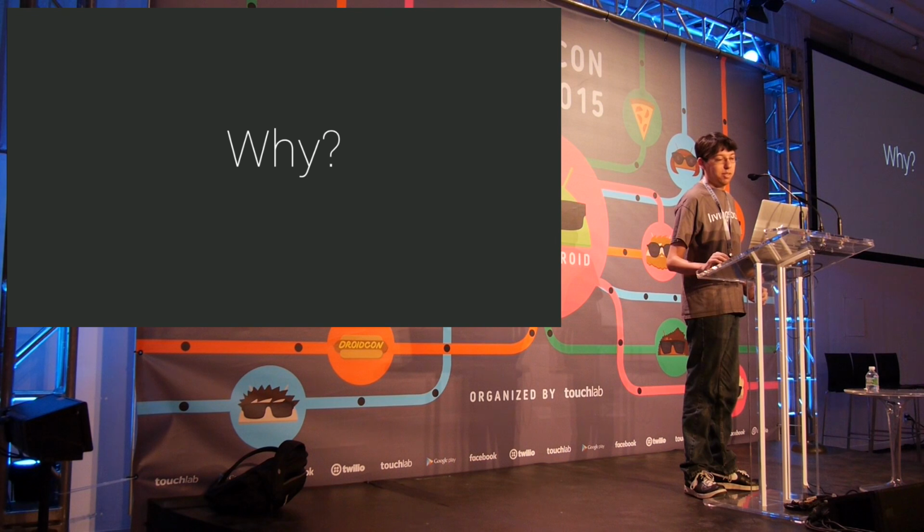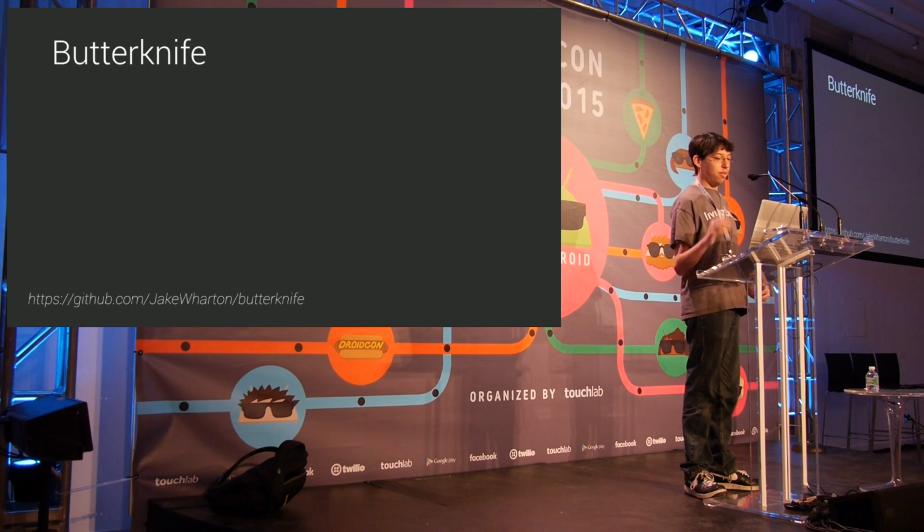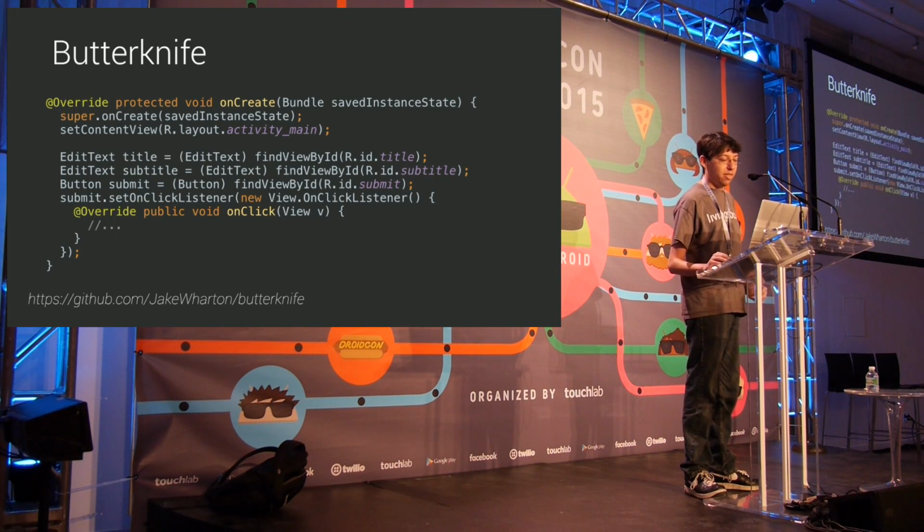Some annotation processors you might have seen that are good examples: Jake wrote one called Butterknife. I assume everybody's heard of it. If you haven't, it's pretty awesome. This is some code that you might write to bind some views in your activity. It's a lot of boilerplate. If you copy and paste, you have to make sure you change the IDs and the casting.